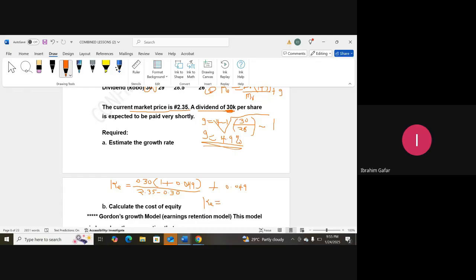What's my cost of equity? It's 20%. Whole number.